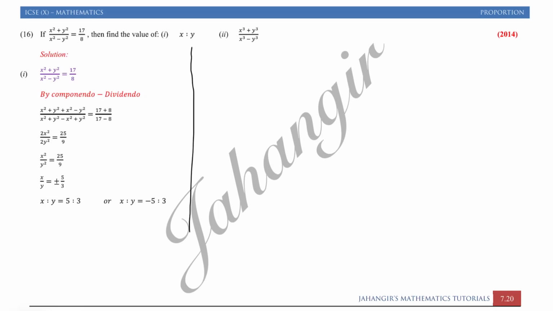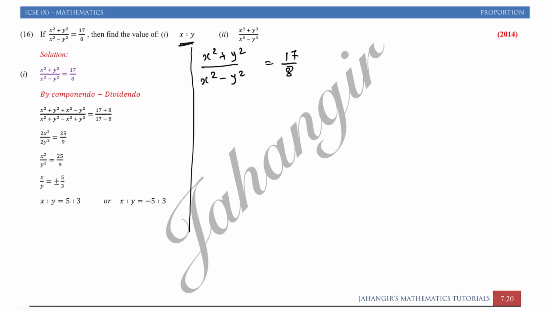2014. Here also I think I am going to get cases. Here we have (x^2 + y^2)/(x^2 - y^2) = 17/8. So what I will do is first find x is to y.